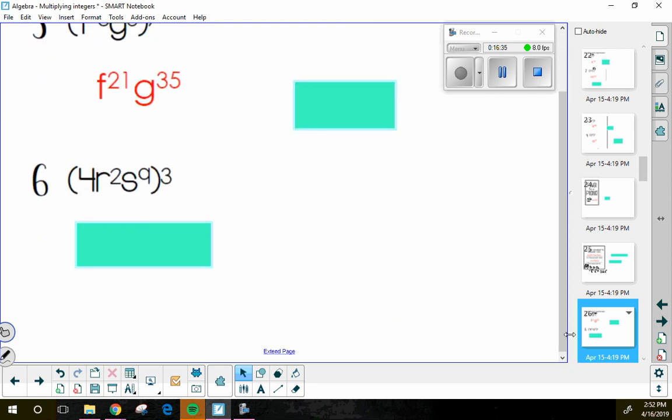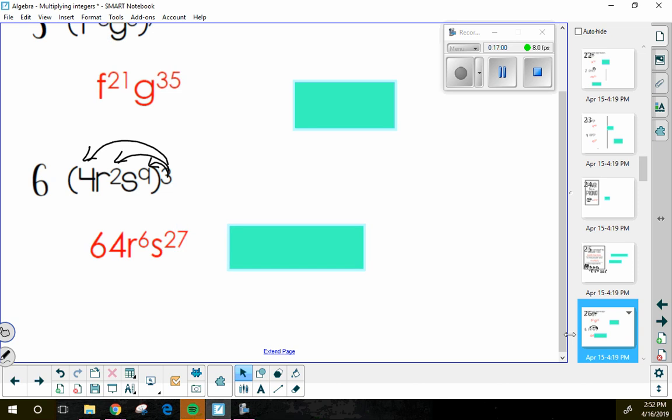And then on number 6, everybody gets a 3. And that leaves me with 4 to the third, which I'm telling you is 64. Then r to the second to the third, which is how many r's? 6. Then s to the 9 to the 3, which is 27.